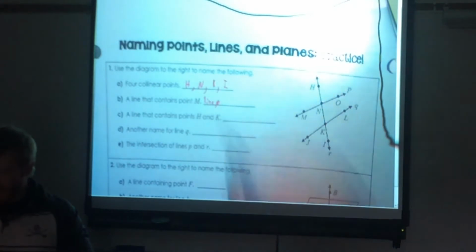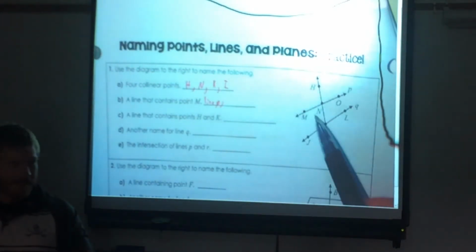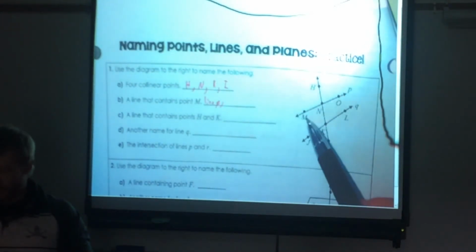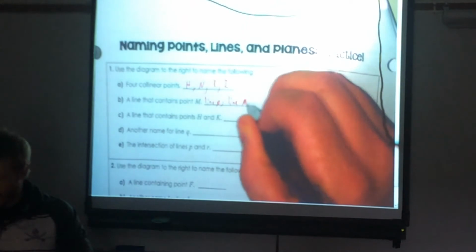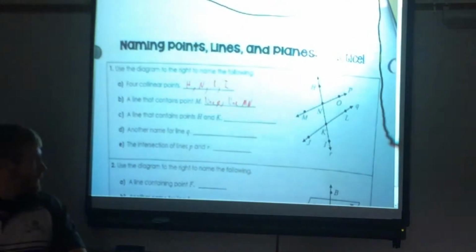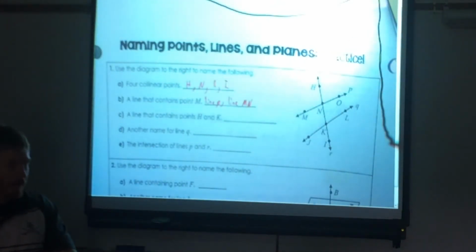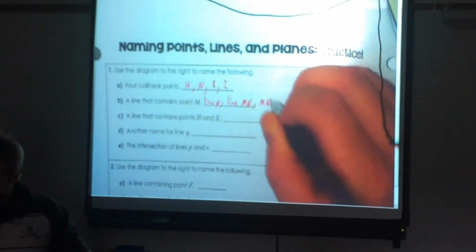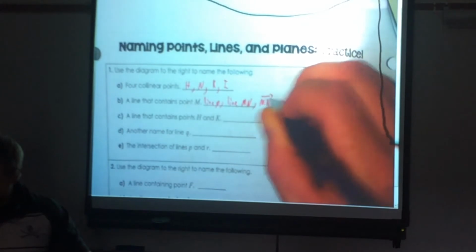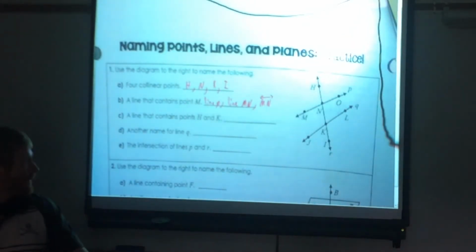But then I also know that I can use any 2 points. So I can use point M, and then I can use N or O, so I can say line, let's just say M, N. But also I can still use M, N, with a line over top with 2 arrows on the end, right?